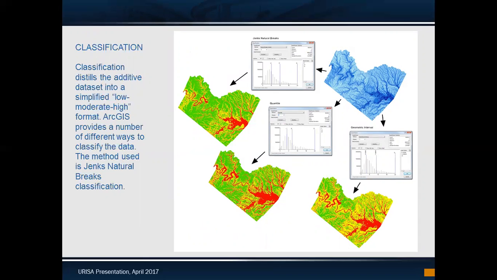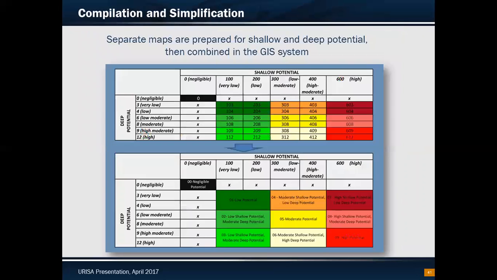A lot of it is just what passes the smell test. I look at it, I have a feel for what I think it should look like, and I'm trying to approximate that. Finally, the two shallow and deep potential maps are combined together to produce a single map, according to this schema right here.